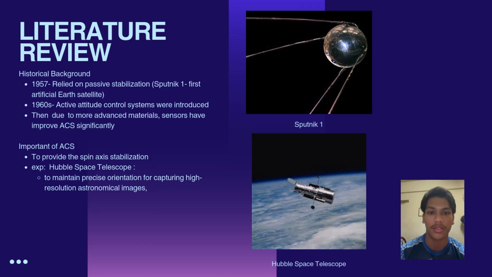Hello, and my name is Nur Iman bin Zaini, and for my part, I will be explaining the literature review for this report. So, first of all, we start with the historical background of the satellite attitude control system. So, in 1957, our artificial satellite was launched out in the space.